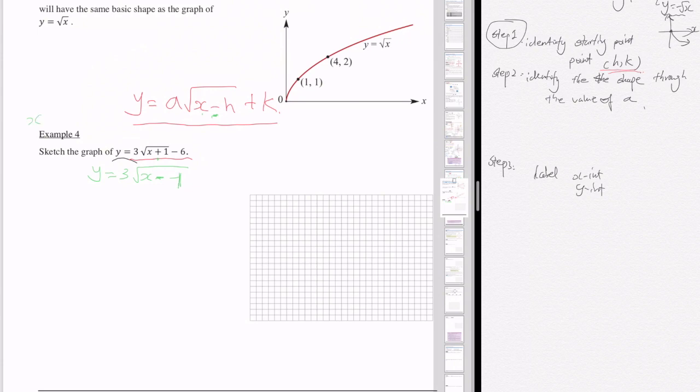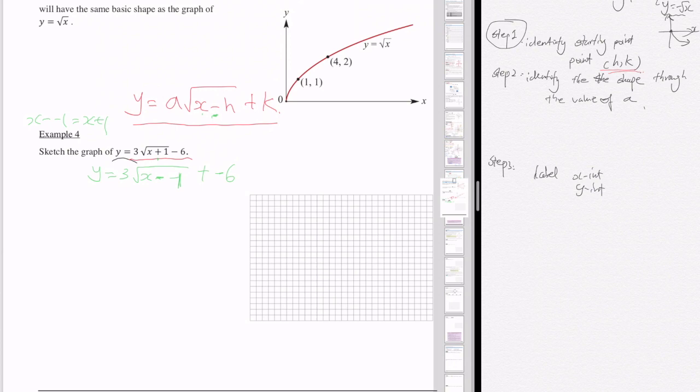You see that x minus negative 1 is still equal to x plus 1, so it still looks the same with the rules given by the question. Then it's plus negative 6.